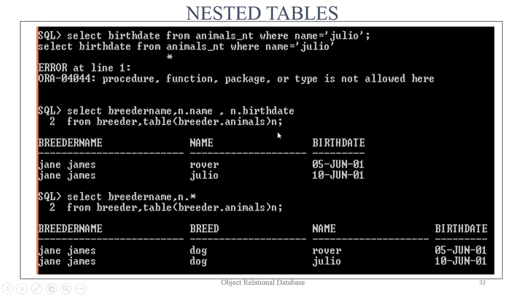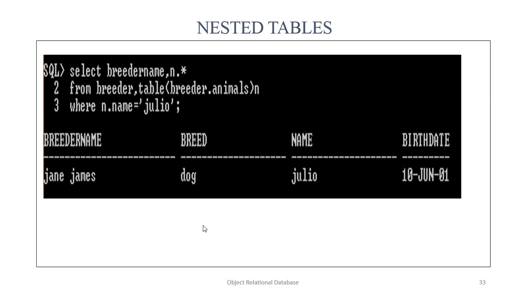In the next example, all the attributes of the nested table are accessed by specifying n dot star in the above command. And in the next example, particular data is accessed by using a where clause. That is, in this example, the name Julio is accessed.